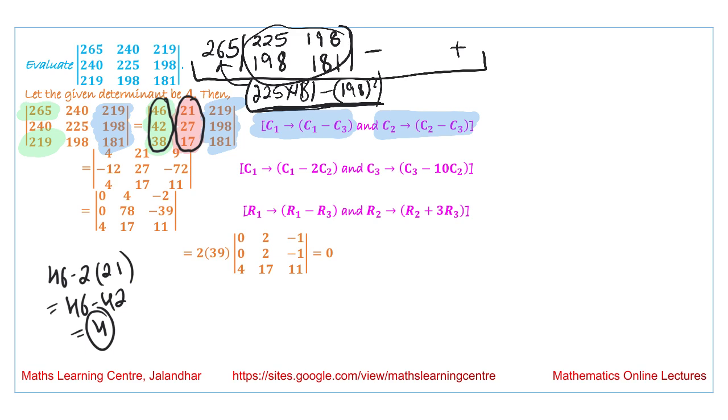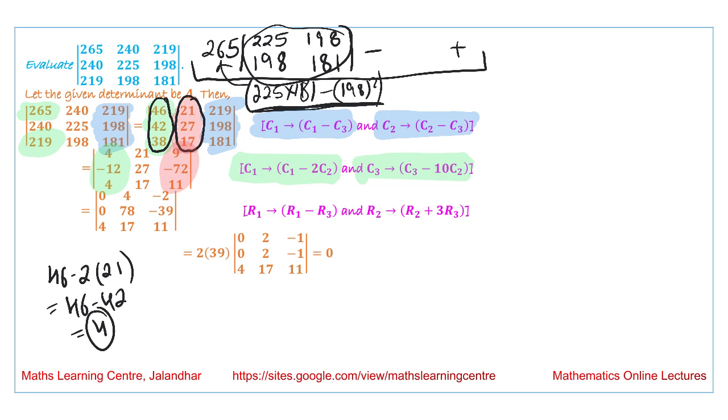In the next step, we have performed the operations column 1 approaches column 1 minus 2 times column 2, and column 3 approaches column 3 minus 10 times column 2. So these values are reduced: this is 4, minus 12 and 4, and this is reduced to 9, minus 72 and 11.